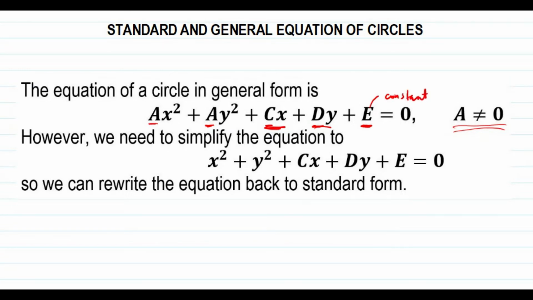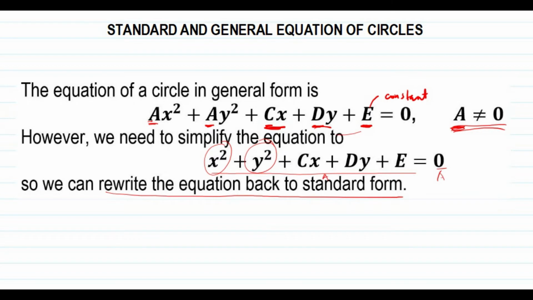Pwedeng ang a can be negative. Ito yung a. The numerical coefficient of x and y can be negative, can be positive, but must not be equal to 0. Kasi pag naging 0 yan, ito ay magiging linear function, hindi magiging circle. Okay? However, ang ibig sabihin ng however, kailangan i-simplify natin yung equation sa x squared, y squared. Pag ibabalik natin siya sa standard form, it means i-divide natin kung ano yung a all over the equation.